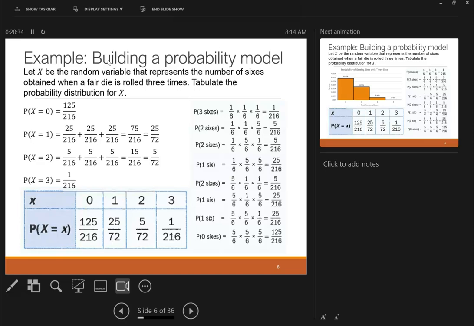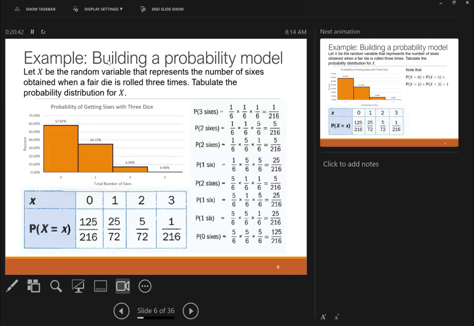Another way we might represent this probability distribution, rather than a table, is you could use a histogram. So here's a histogram representing that same probability distribution. So the 57.87 is the fraction 125 over 216 converted to a decimal.